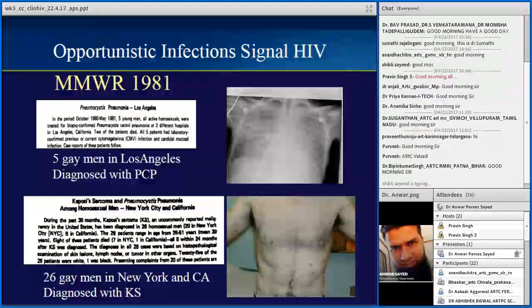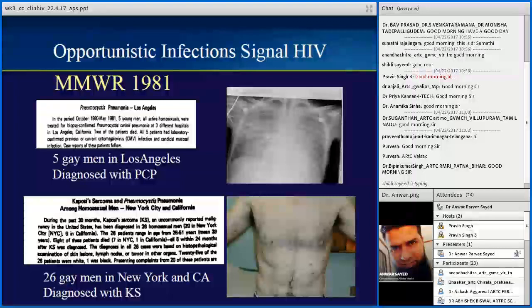When these people were getting admitted into hospitals, people thought this was some disease related to gay men, and initially it was thought that HIV is only a disease of gay men, because the people getting admitted with these opportunistic infections were gay. Slowly everyone realized that this is not the case.